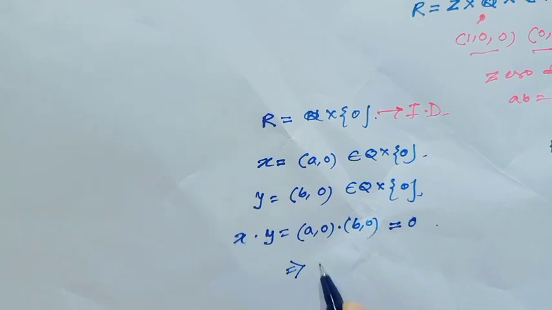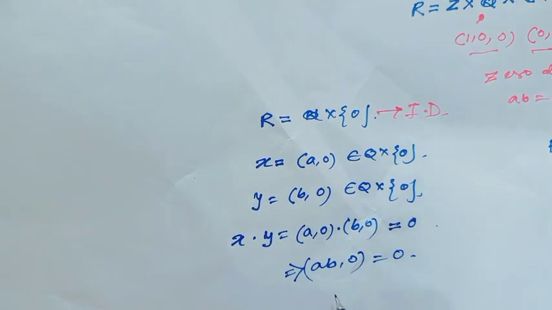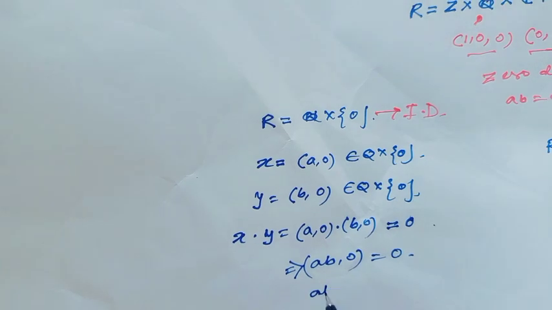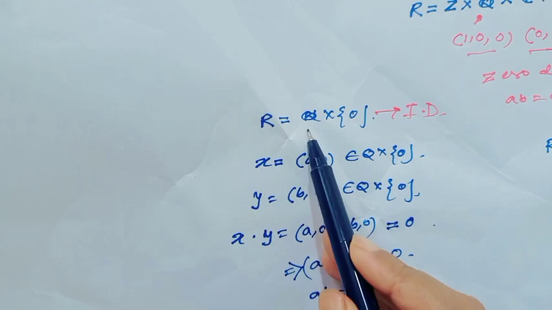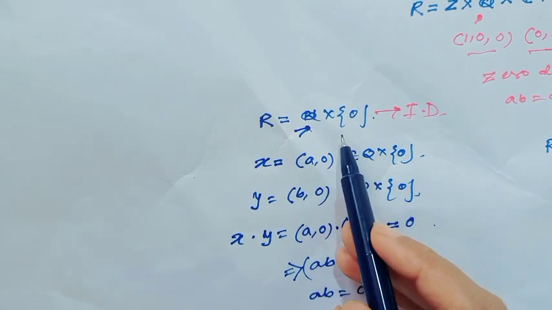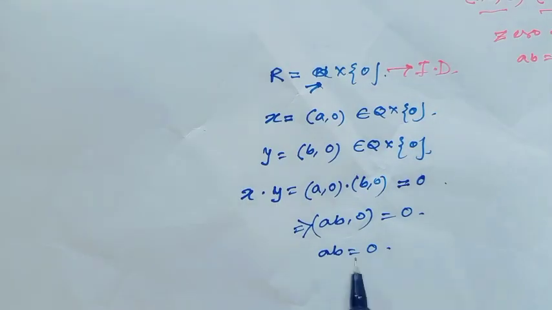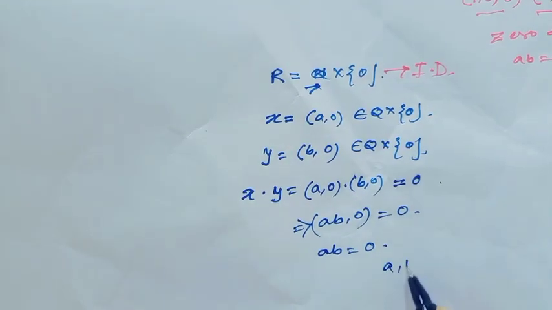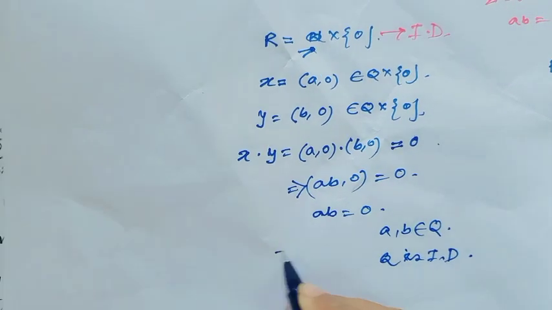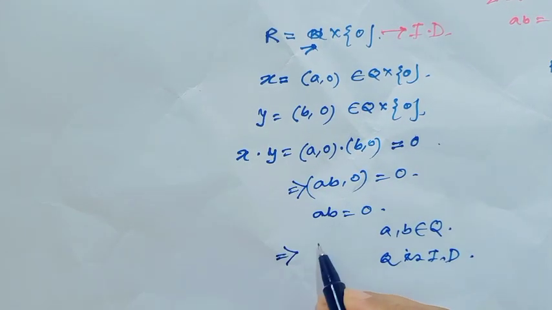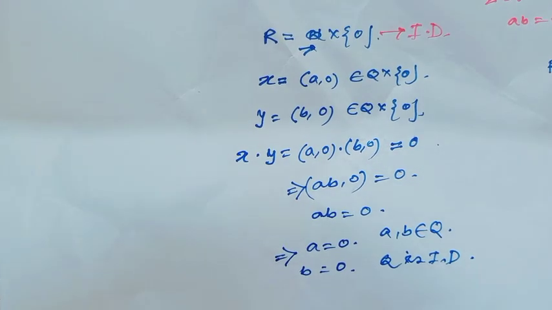That obviously implies (ab, 0) equals 0, and that implies ab equals 0, where a and b are members of Q, and we all know Q is an integral domain. So since ab is a member of Q and Q is an integral domain, ab equals 0 means either a equals 0 or b equals 0.